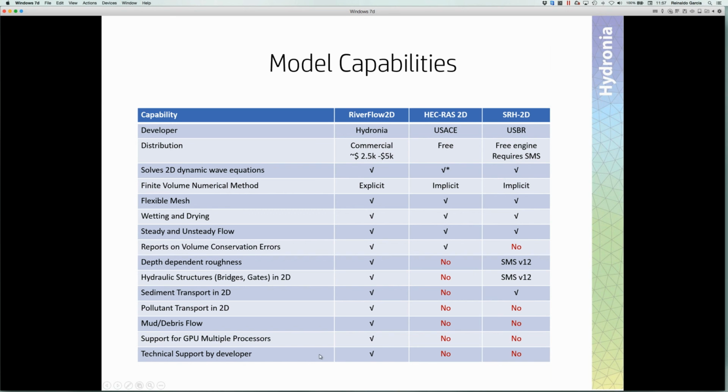SRH-2D is not parallelized. RiverFlow2D is provided commercially, and that includes free technical support directly by the company Hydronia. The other models are supported internally in their agencies, but are not supported by their developers outside of the agencies, but by third parties sometimes.